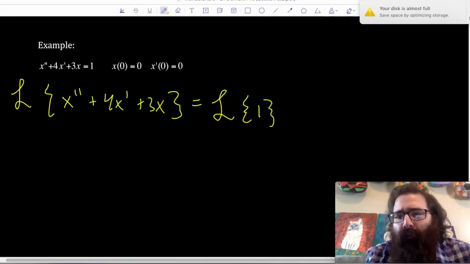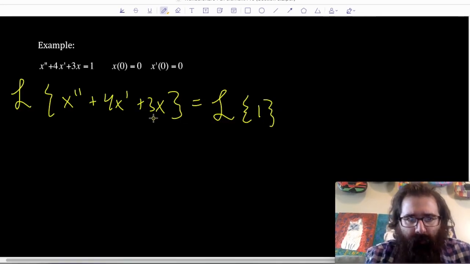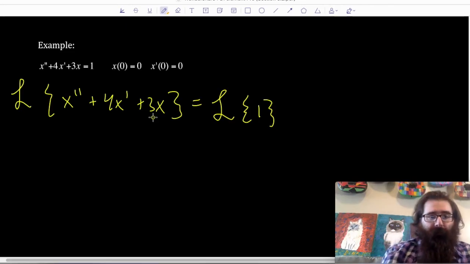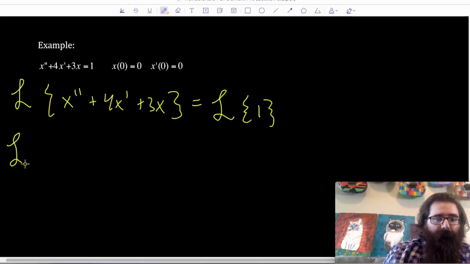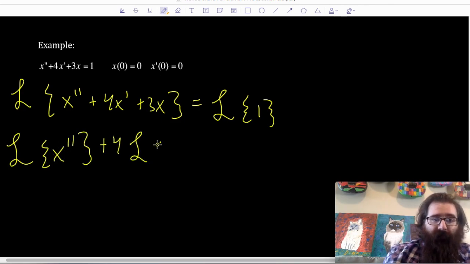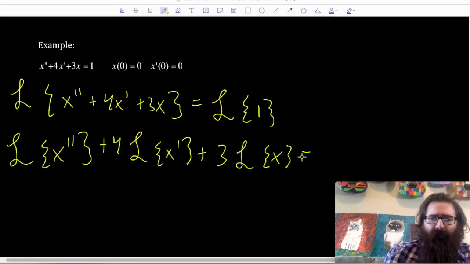So I don't have a 0 over there on the right-hand side. So I'm working with what I'm working with. If I use linearity, Laplace transformation of x double prime plus 4 times Laplace transformation on x prime plus 3 times Laplace transformation applied on x equals Laplace transformation applied on 1.